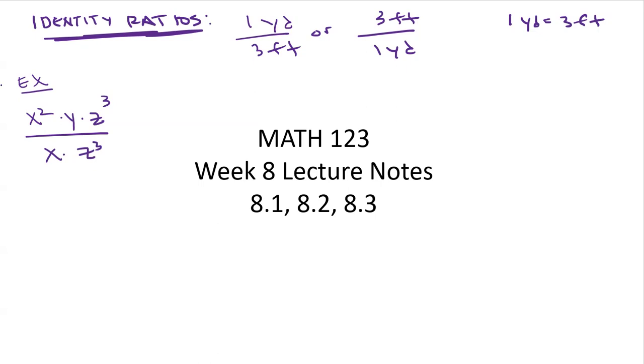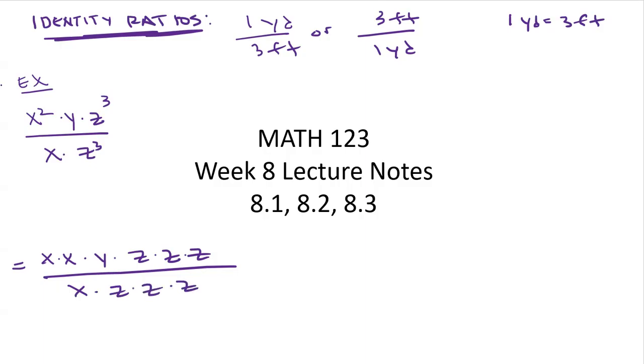If we break this down, it would be x times y, and there's three z's. The denominator will be x times, again, three z's. To simplify this, we need to eliminate or pair up the ones on the top and the bottom in order to cancel them.